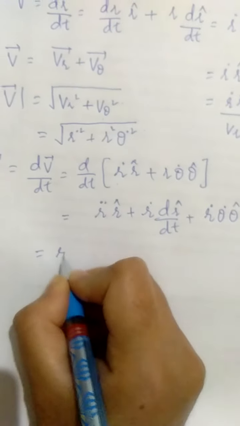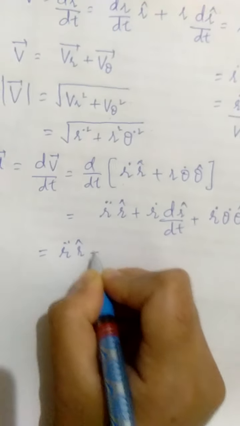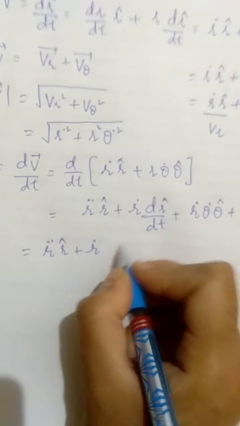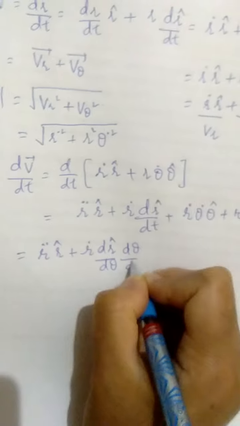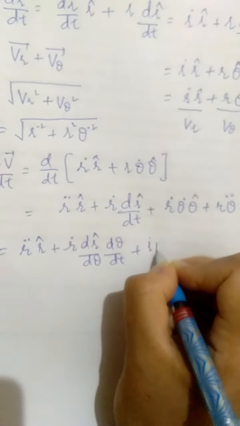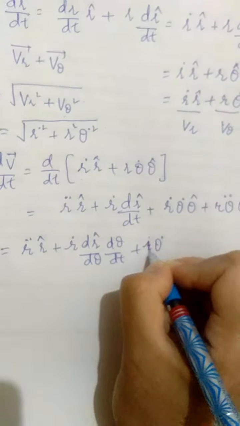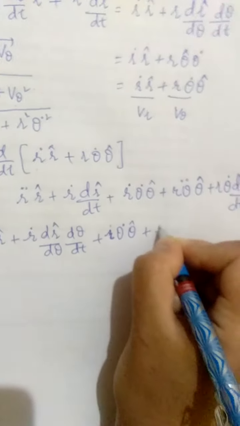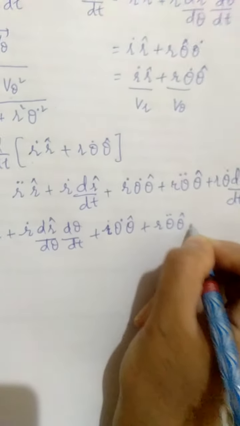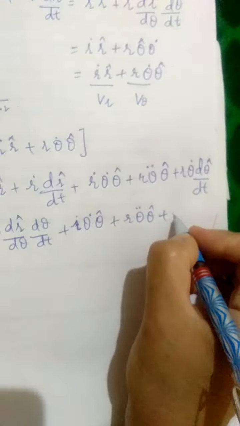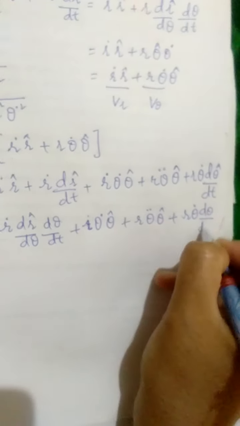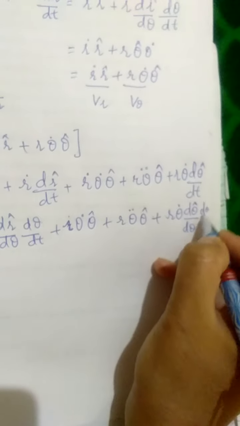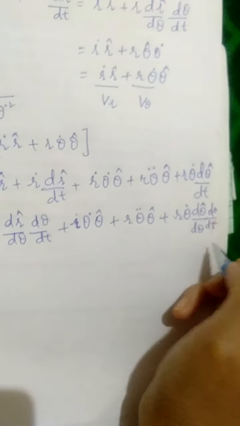So this will be r double dot r cap plus r dot, for dr cap by dt, we can write dr cap by d theta times d theta by dt, plus r dot theta cap plus r theta double dot theta cap plus, we can break this, r theta dot, this will be d theta cap by d theta into d theta by dt, right?